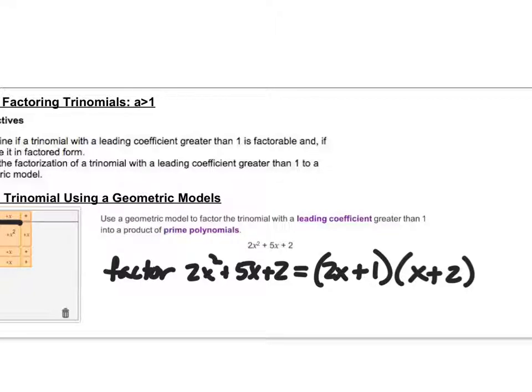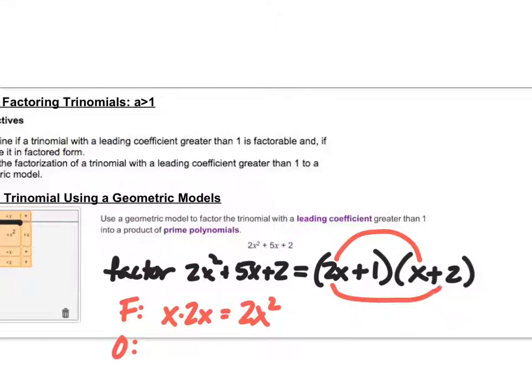Now, if you wanted to check to see if you're right, you'd just FOIL this out and multiply it out. You'd get x times 2x, my first terms, which gives us 2x squared. Take your outside terms, 2x times 2, and that's going to give you 4x. Then your inside terms, x times 1, which just gives you 1x.